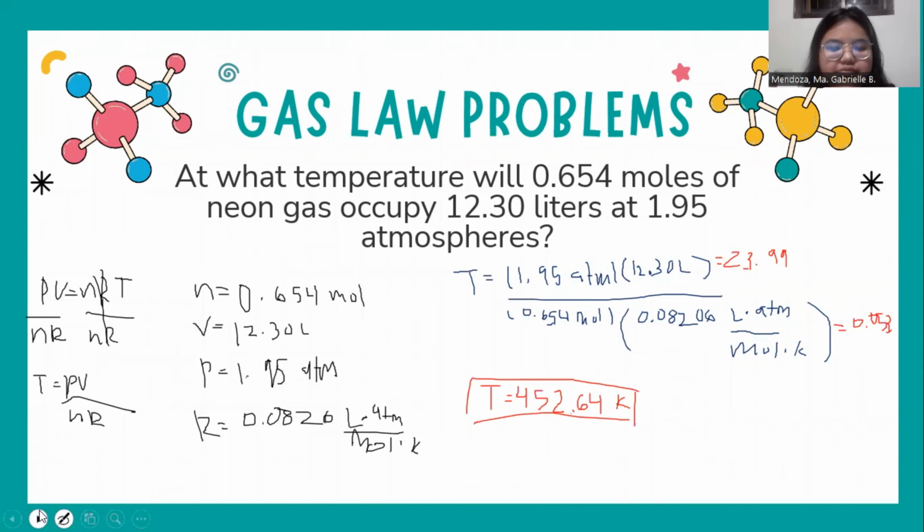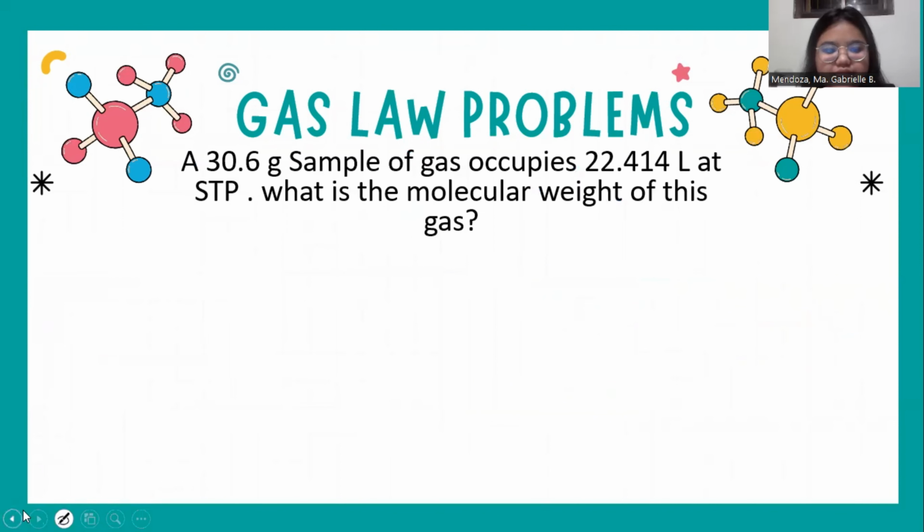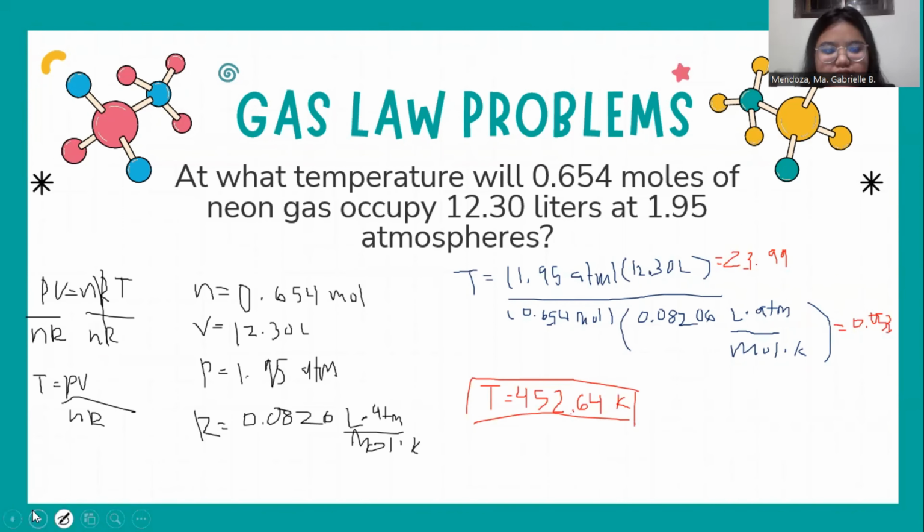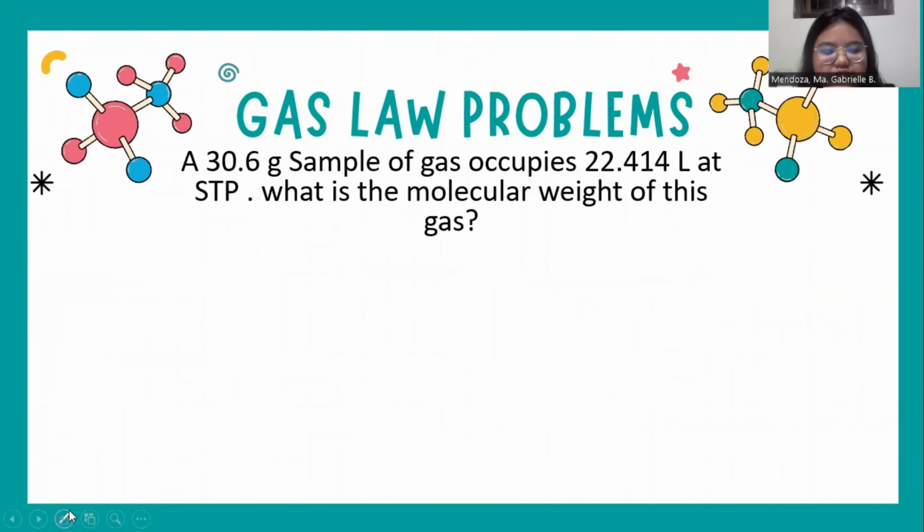So next, ayan, so at the next problem natin. A 30.6 gram sample of gas occupies 22.414 liters at STP. What is the molecular weight of this gas?